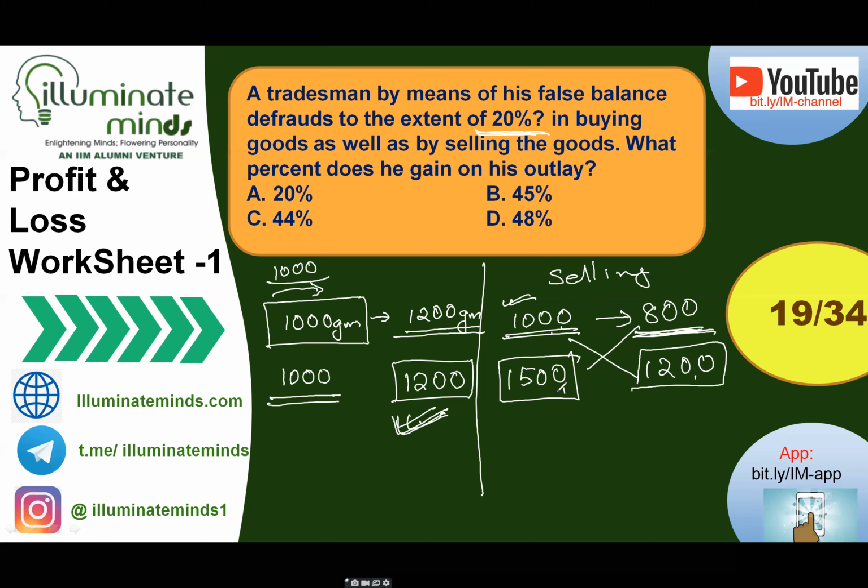Okay. So there's a problem in the option. He actually paid 1000 rupees and he earned 1500, which means he can earn a profit of approximately 50%. So option D should be 50%. I think there's an error in this particular option, but the method is appropriate. Okay.